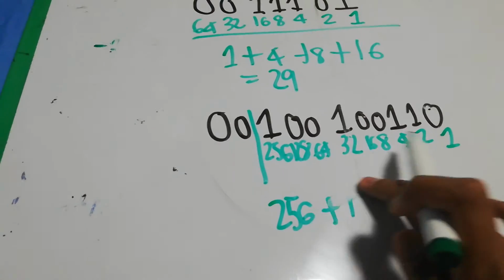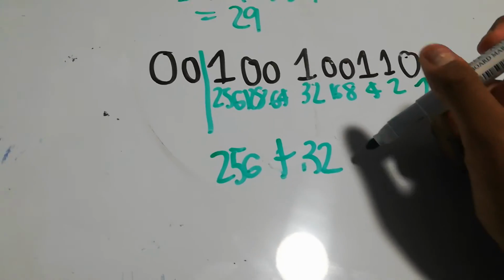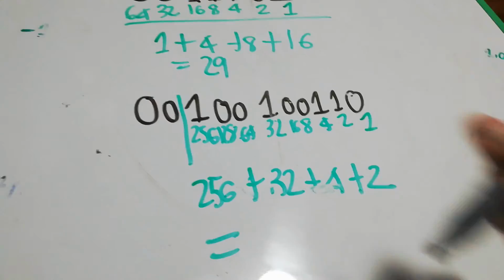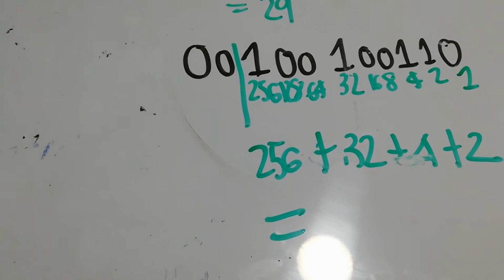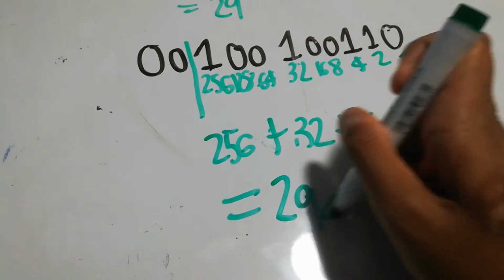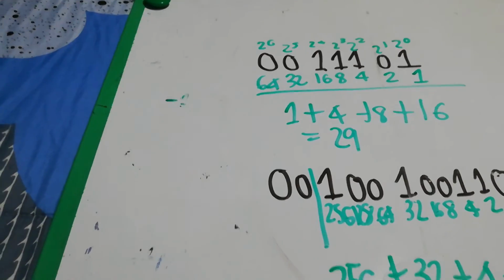Sorry, we don't add that, my bad. 32 plus 4 plus 2, which then gives us 294.